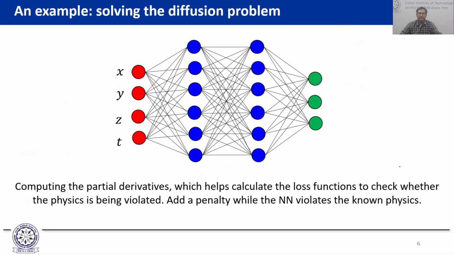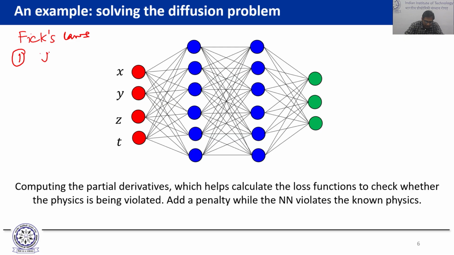Just to illustrate this a little bit further with an example, let's think about our diffusion problem. According to Fick's laws of diffusion, you will be able to get two different differential equations.